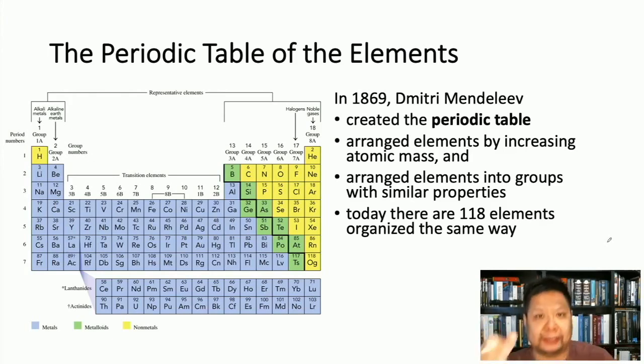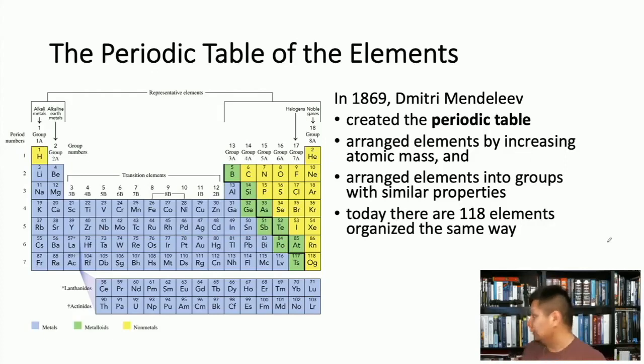He arranged different elements into different categories based on similar properties. And in fact, he was able to leave gaps for future discovered elements too that were accurate in his periodic table. So that's a lot of foresight there. Today there are 118 elements that are organized that way.